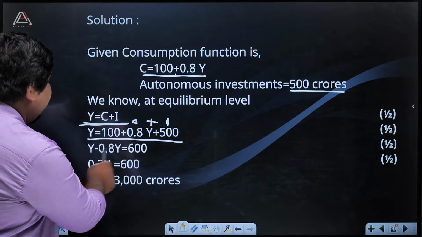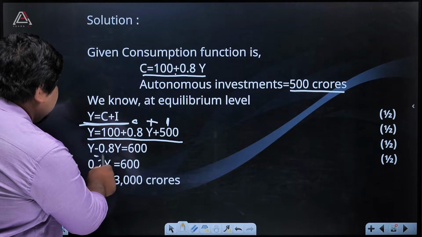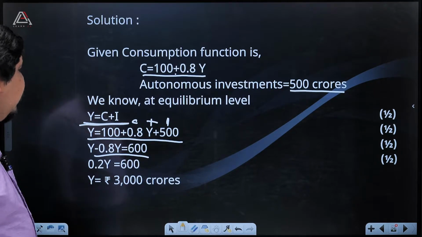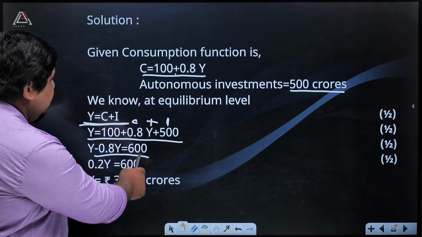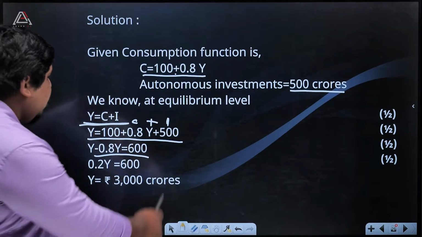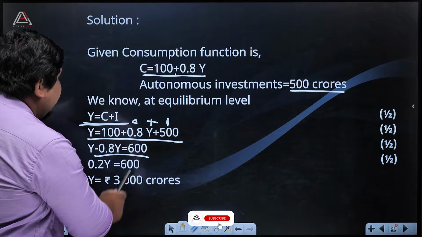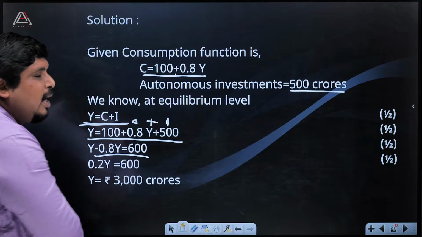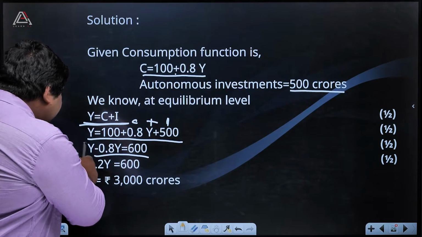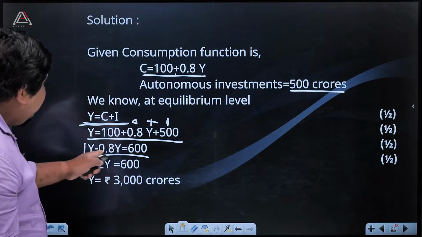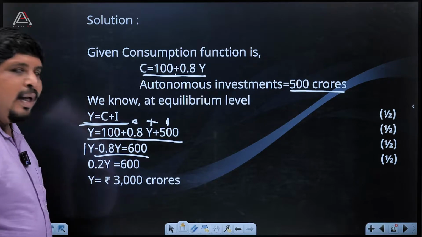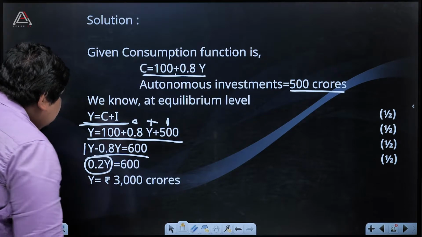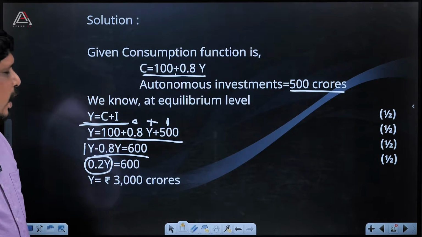Then we can change the functions like this. This is the next step. How are we getting 600 here? 500 plus 100 is 600. Then Y is here. We are considering Y is equal to 1Y. 1 minus 0.8, that's why we are getting 0.2Y.